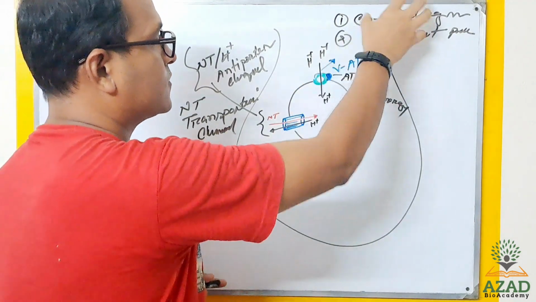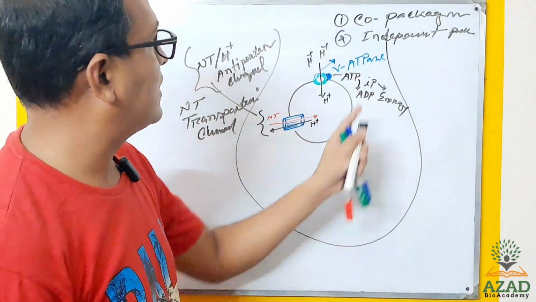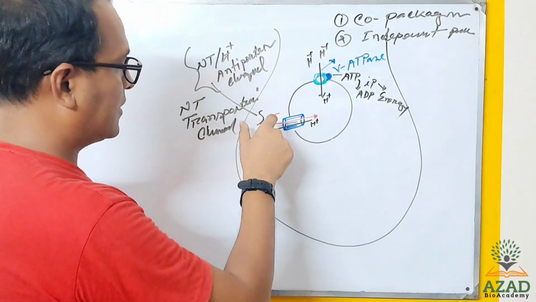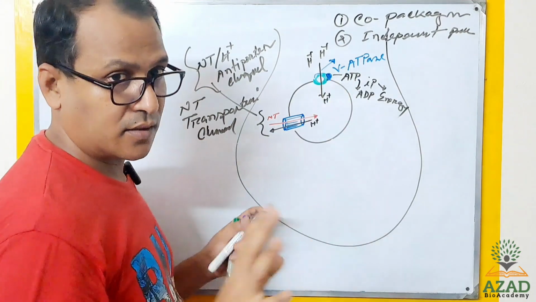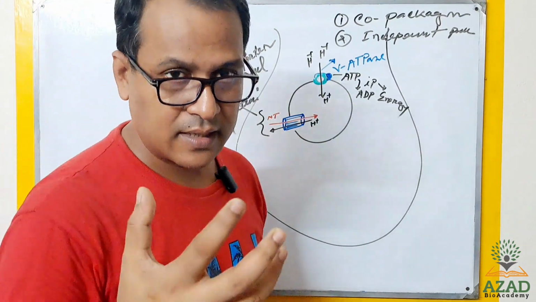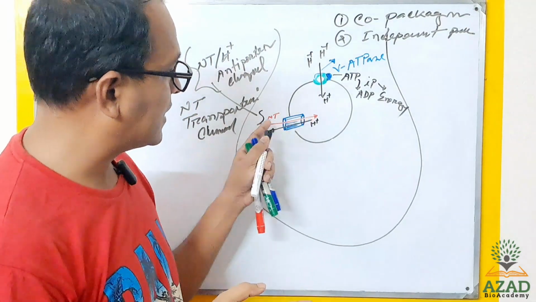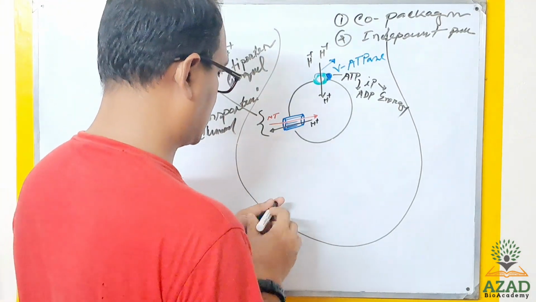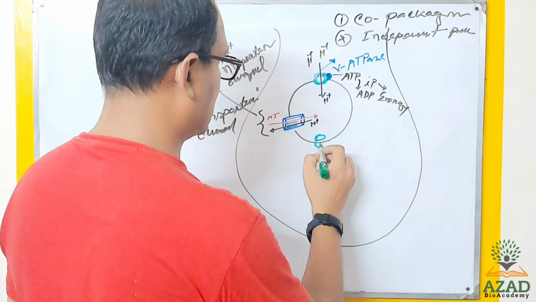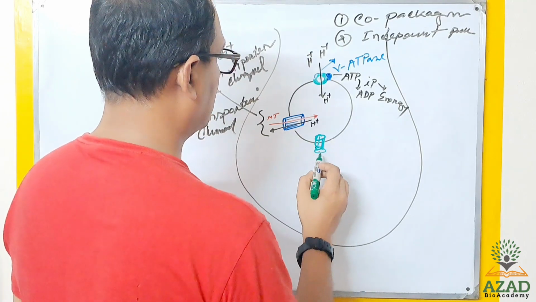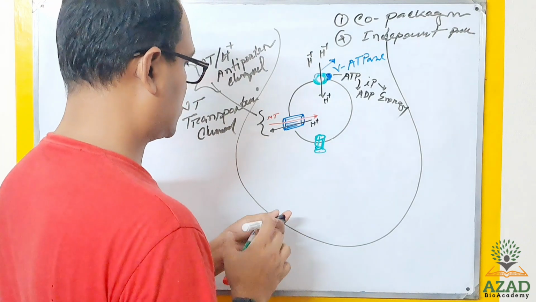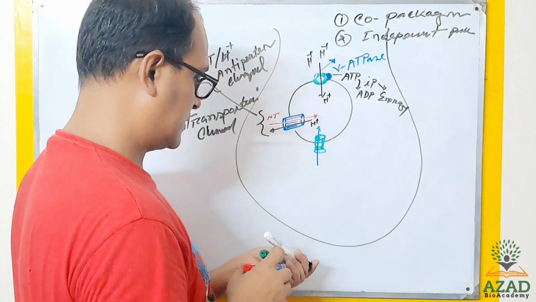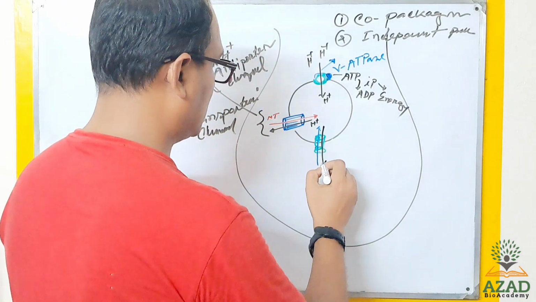So if it is done by co-packaging, then what will happen? Through a single transporter channel, will different types of neurotransmitter enter? Mostly no. There are some exceptions, like GABA and glycine can enter through a particular single transporter, but in most cases another transporter will be embedded. Suppose this is another antiporter channel, and through this way another type of neurotransmitter will enter and a proton will exit.